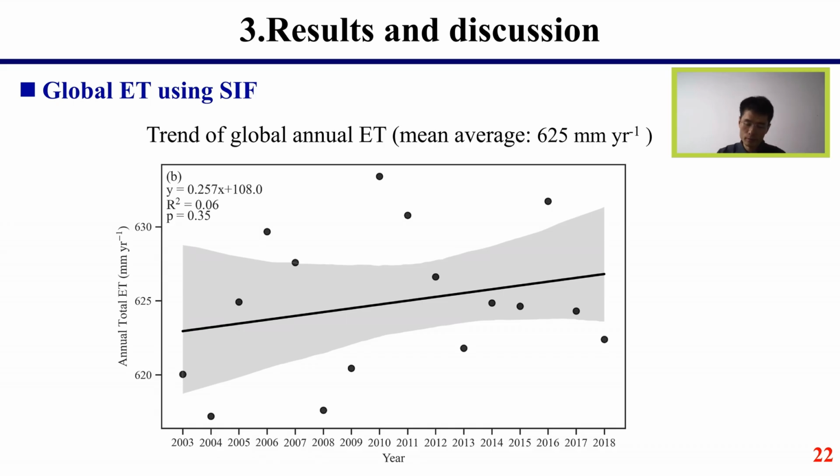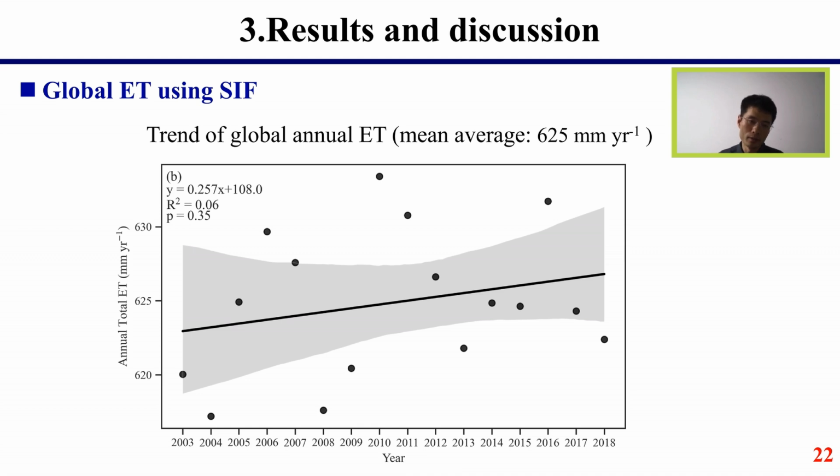During this period, the global evapotranspiration showed a slightly increasing trend, though this trend is not significant. We also evaluate the global mean evapotranspiration over this period. It is about 625 millimeters per year.